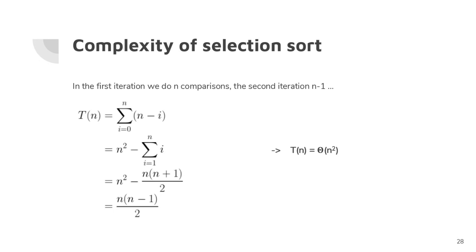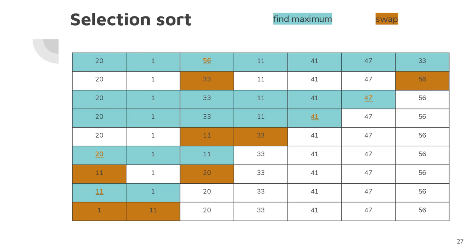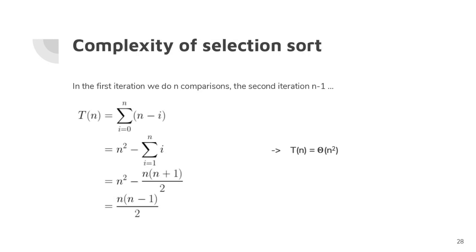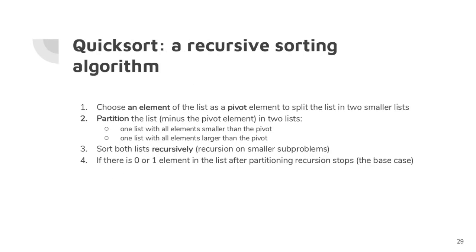If your input list has 1,000,000 elements, you're going to do 1,000,000 times 1,000,000 instructions. So selection sort is terrible. The only reason I show it to you is as a base example of an algorithm that's actually not efficient. Then we're going to Quicksort.